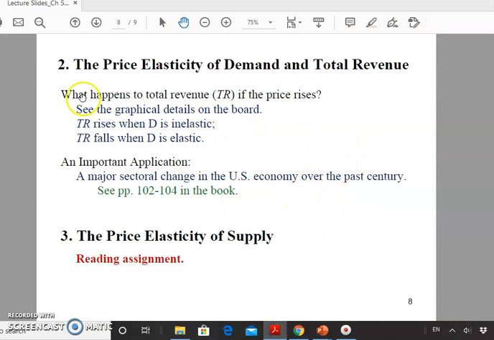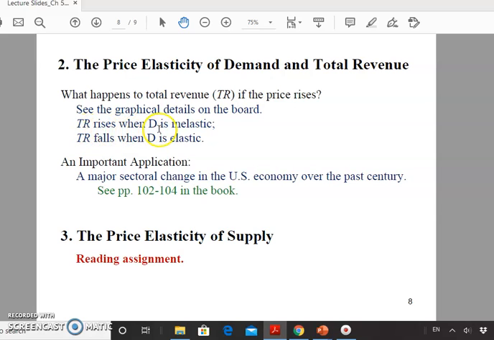So what we just said is, what will happen to the total revenue if the price rises. Okay? Again, that's a pretty common pricing strategy decision for our businesses. Okay? So the graphical things, we already saw that. And here is a general conclusion. Okay? TR stands for total revenue.